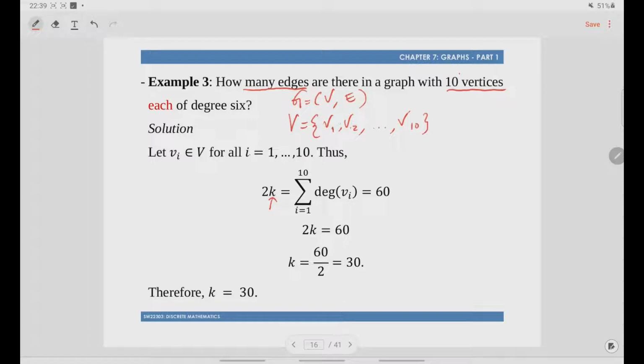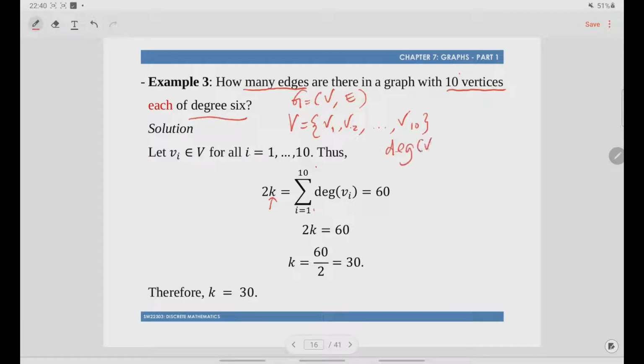So 2k is equal to the summation of the degree of Vi, where i runs from 1 up to 10. The sum is equal to 60 because each vertex has degree 6.